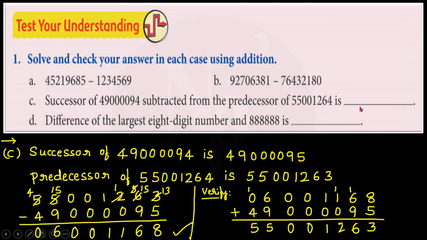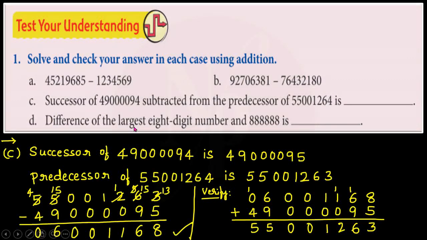Now let us move to question D. Difference of the largest 8-digit number and 8,88,888 is. So we have to find the difference of largest 8-digit number, which will be 9 crore 99 lakh 99,999.